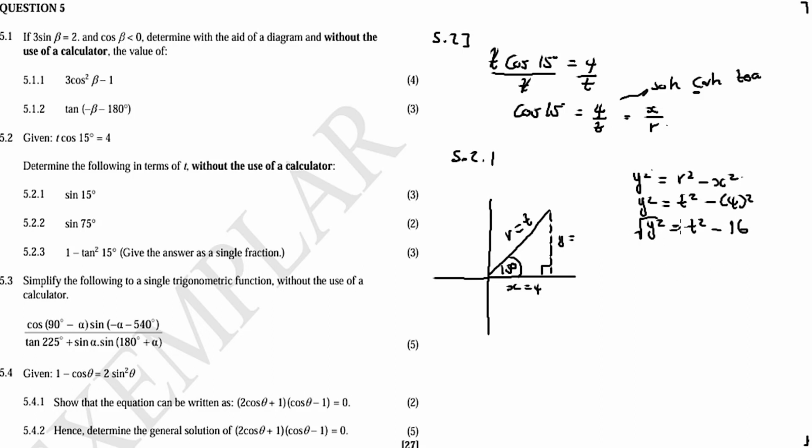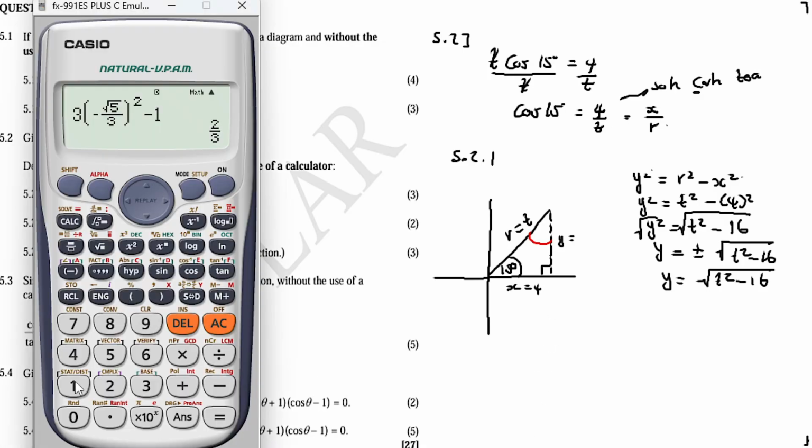Square root both sides again. The answer here too is plus or minus the square root of t squared minus 16. But our y will be positive because we are in the first quadrant. Then we substitute again. But another thing, always calculate the third angle as well. So 180 minus 15 minus 90, sum of angles in the triangle is 180.